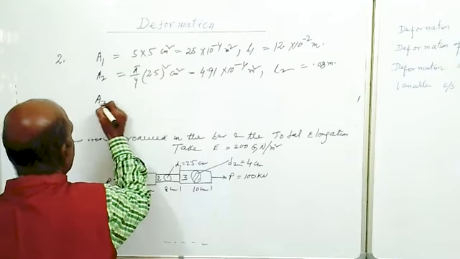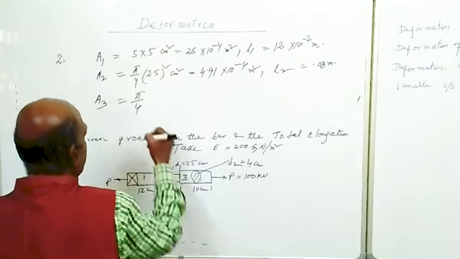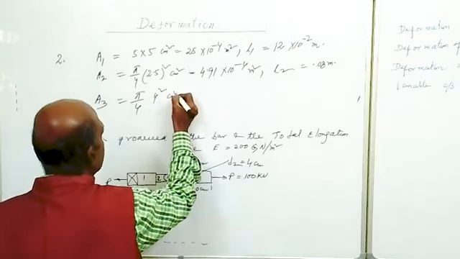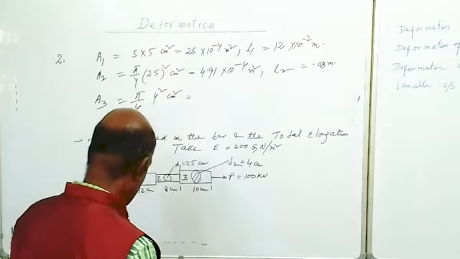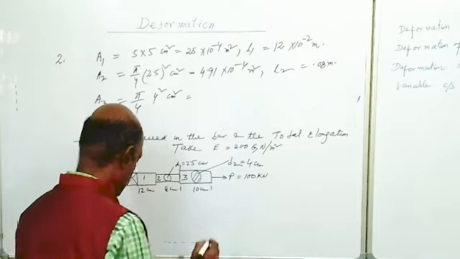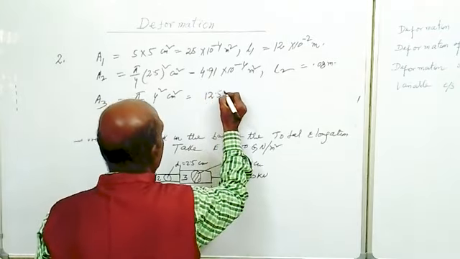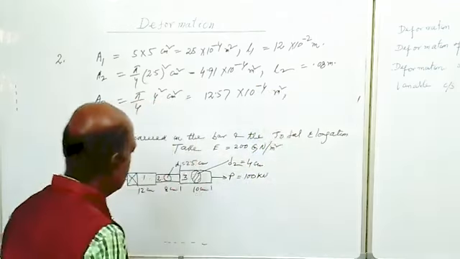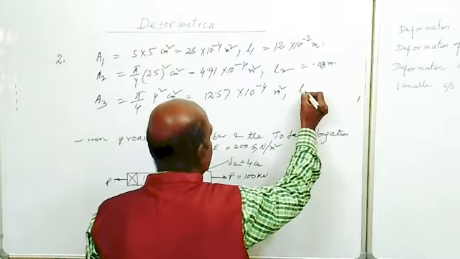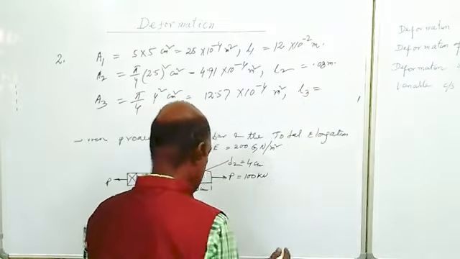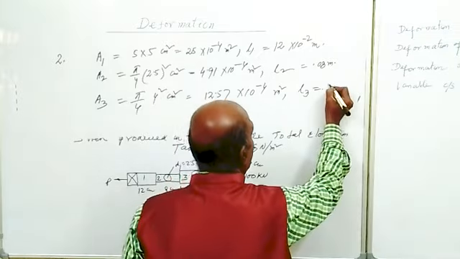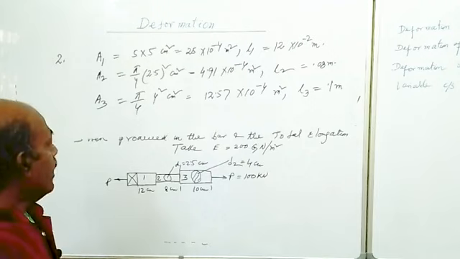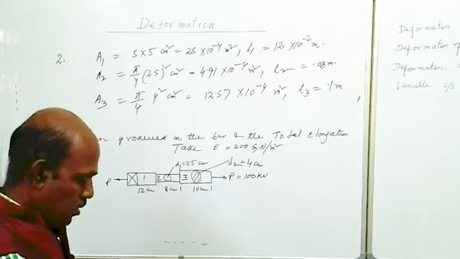Say cross sectional area is A3, so it will be pi by 4 into the diameter, which is given as 4 centimeter, so 4 square, that is coming as centimeter square, convert it to meter square, so it will be 12.57 into 10 to the power minus 4 in meter square, and the length of the third section, that is L3, is given as 10 centimeter, so we can write 0.1 meter. So we have got the cross sectional area and length of respective sections.